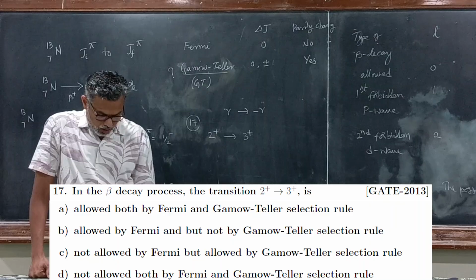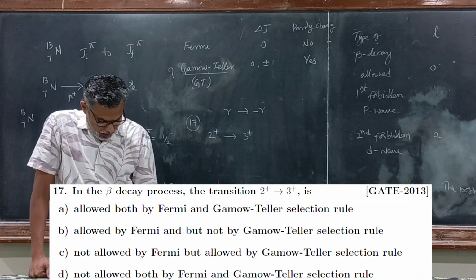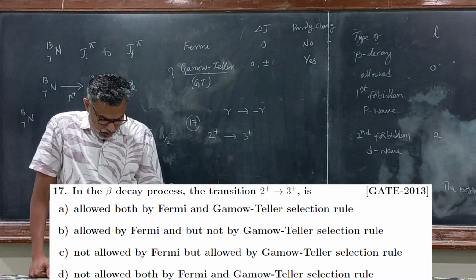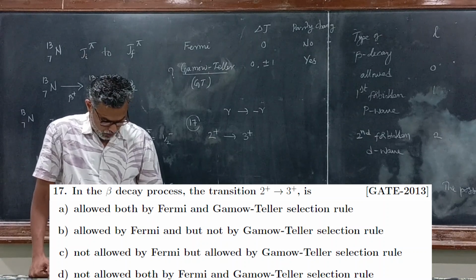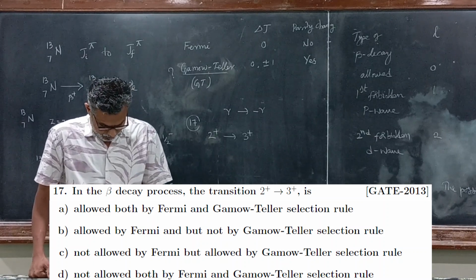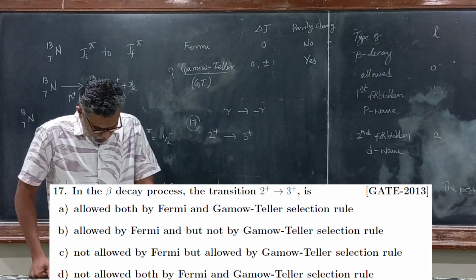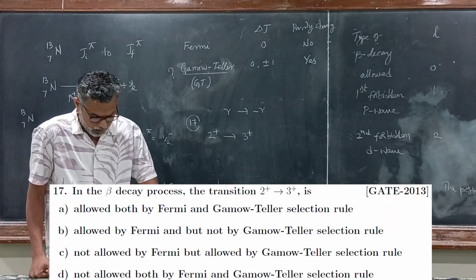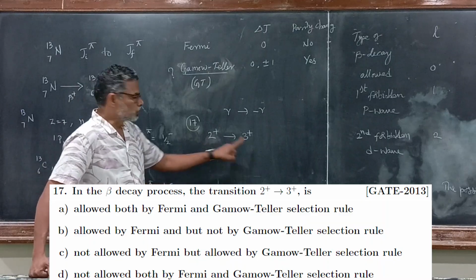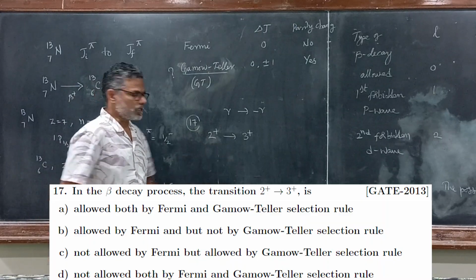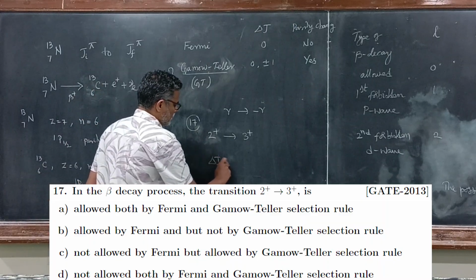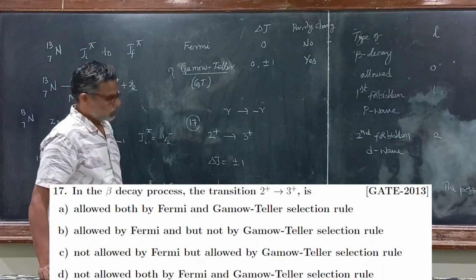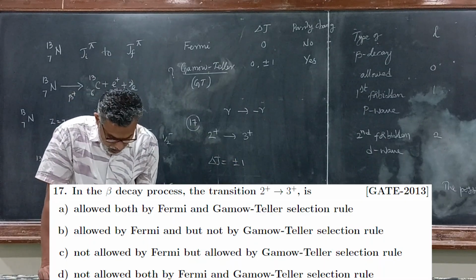Option C, not allowed by Fermi but allowed by Gamow Teller. And D, not allowed by both Fermi and Gamow Teller. C. So 2 to 3, delta J is plus or minus 1, no parity change.